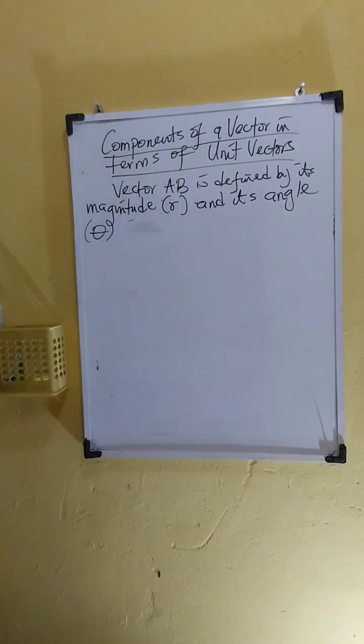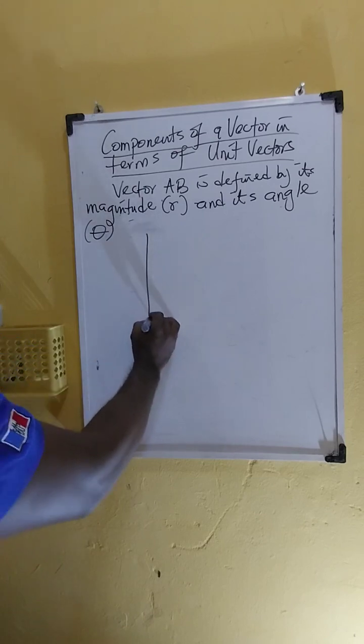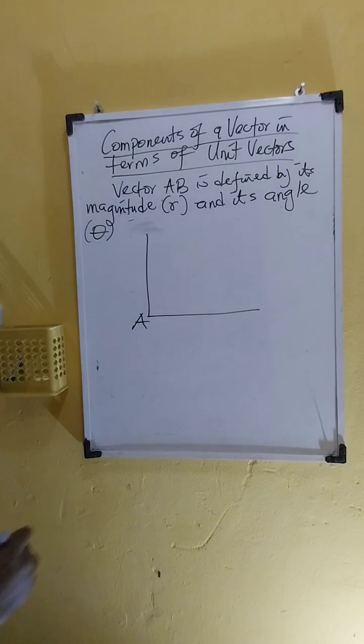There's a diagram that explains it, and the diagram is this way. So there's a vector AB, a vector showing its movement AB.